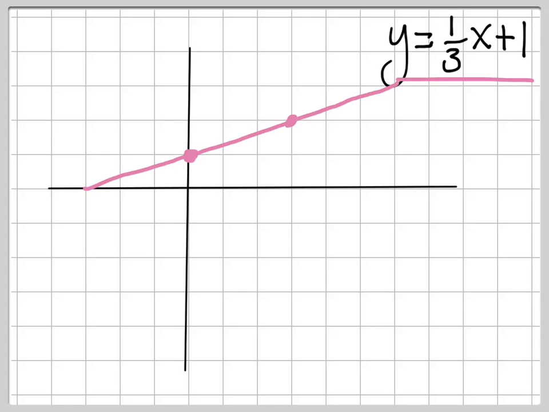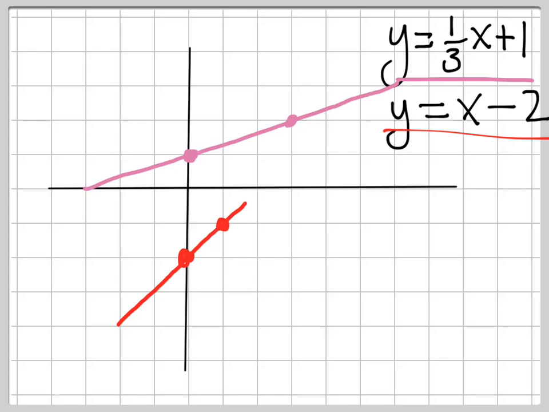Now I need another equation. So I'm going to graph y equals x minus 2. We'll do that here in red. So that has an intercept of -2 and a slope of 1.